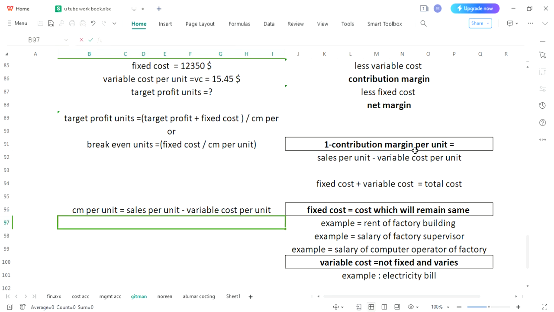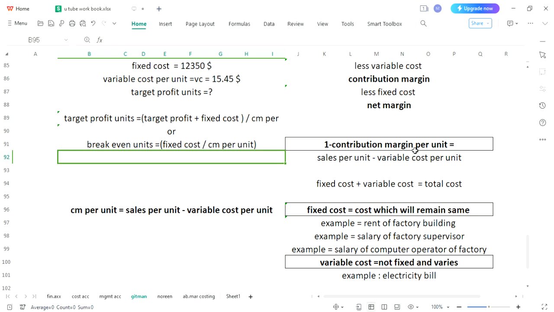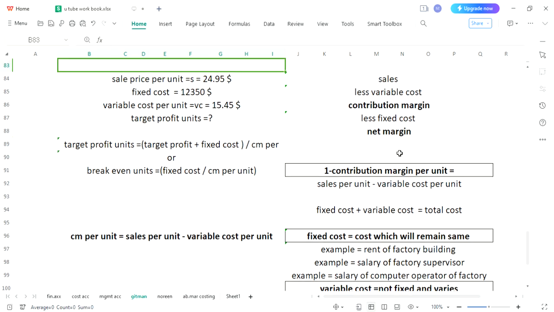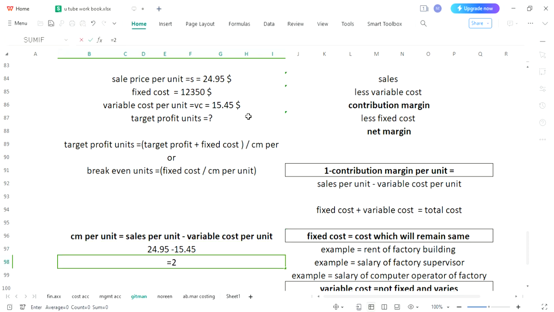For that, let's go back to the question, and inputs are already written. Look over here, sale price per unit is 24.95, and variable cost per unit is mentioned as well, that is 15.45. The statement is completed. It's time to put it on our calculator.